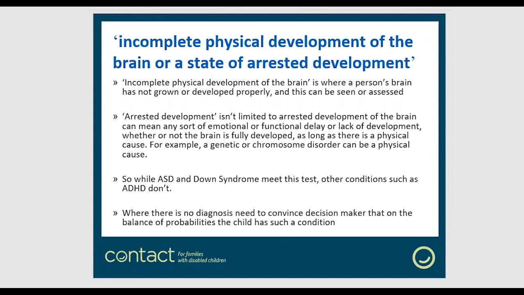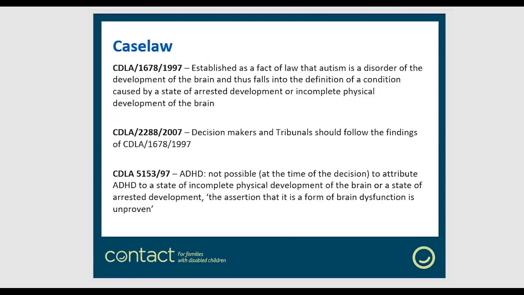So just in terms of case law a little bit, I'm going to talk about case law throughout today's session. Just to explain what case law is, first of all. So what happens is where there's disagreements about what the law means or how it should be interpreted, cases will go to review or mandatory reconsideration and then to appeal at the tribunal.